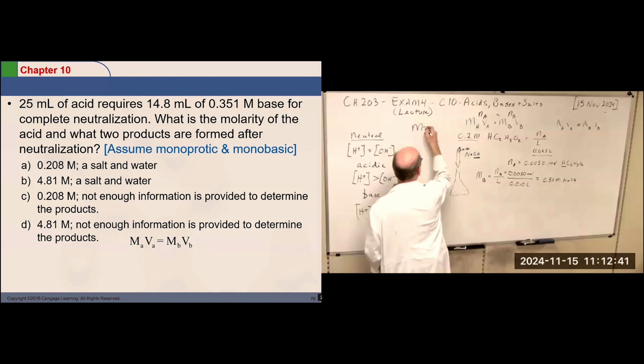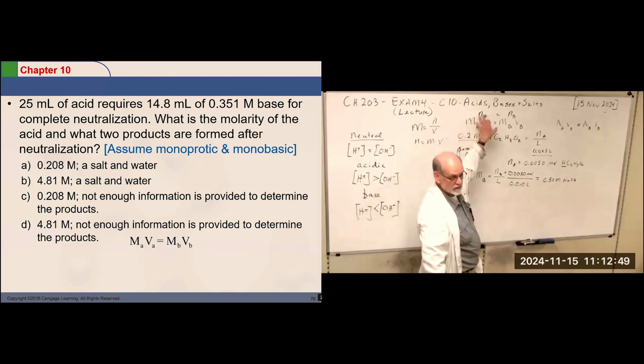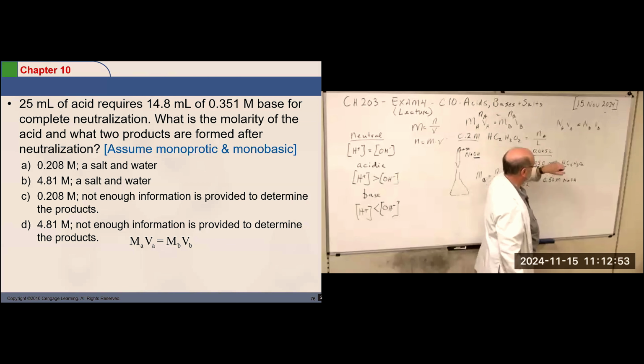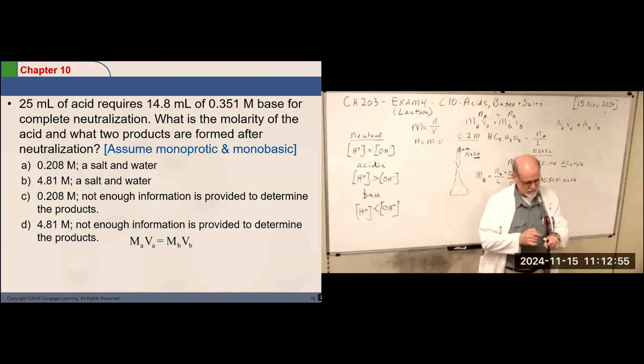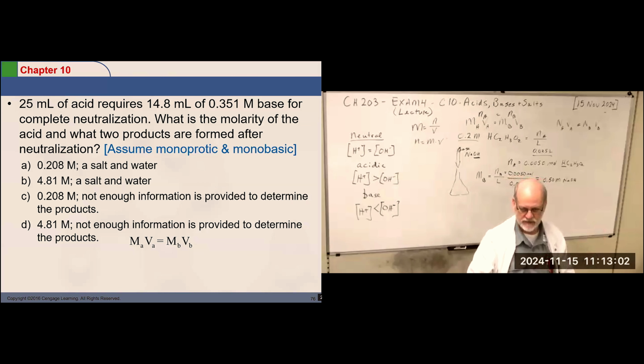And since molarity is equal to moles divided by volume, then moles equals molarity times volume. That's where that comes from. Moles equals moles, so that one equals that one. In this case, you'd have to use equivalence. And that's why normality is so useful, because then it doesn't matter what the acid and base are.